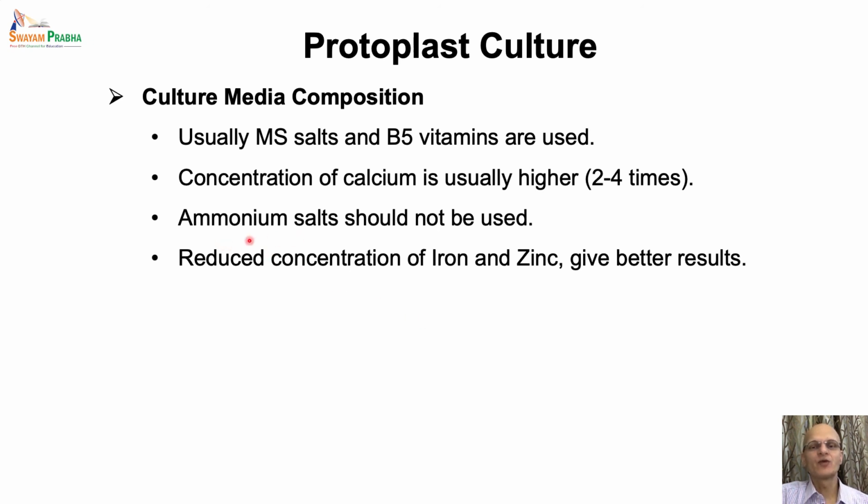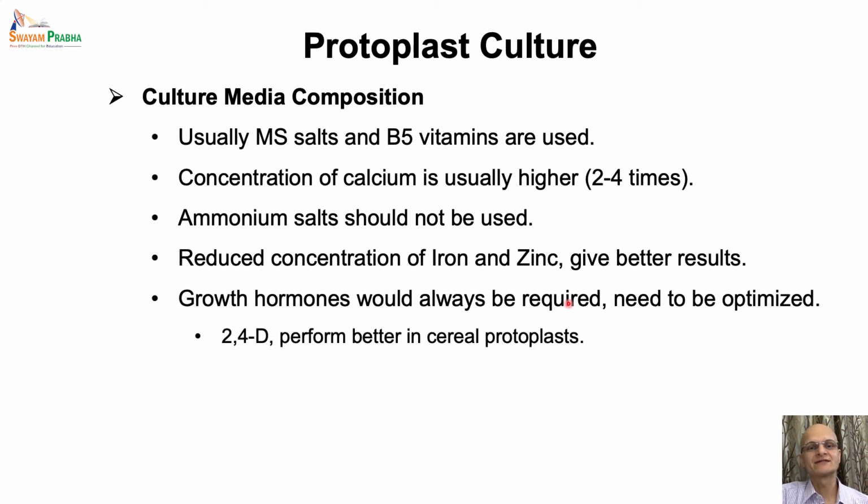Presence of ammonium ions may be toxic in some species. Therefore, either the ammonium nitrates or ammonium salts should not be used in the media, or if they are used, they should be used at very low concentrations. Also, reduced concentrations of iron and zinc in the culture media have been shown to give better results.